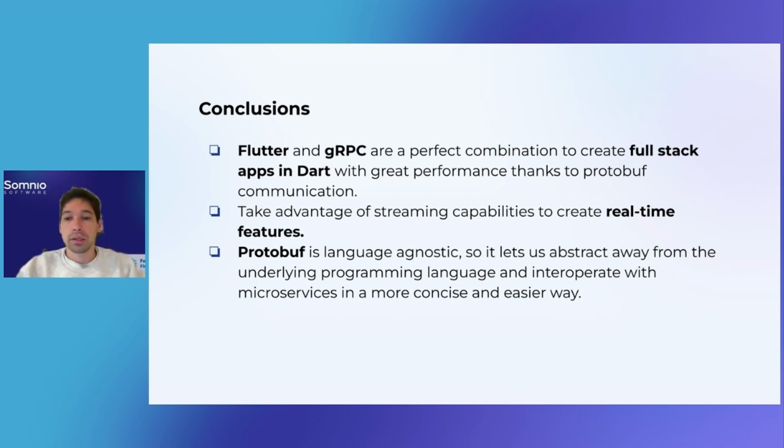If you notice that you need that use case instead of HTTP, you can use gRPC. Also, protobuf is language agnostic, which means that if you are not using only Dart, it will be really easy for you, because it underlies the programming language, and you can provide interoperability with different microservices, for example.